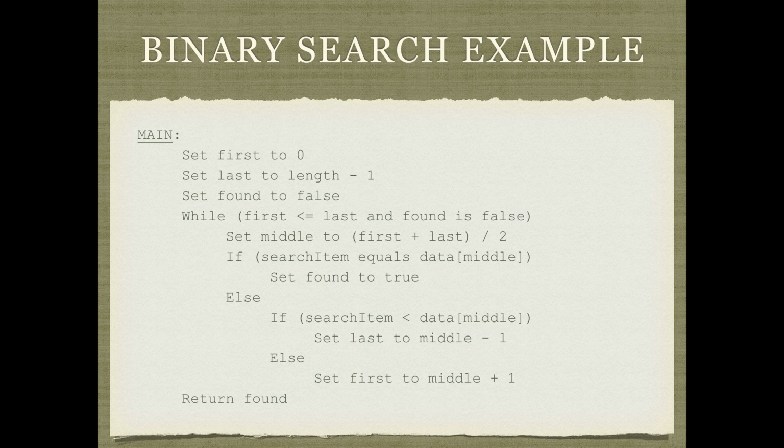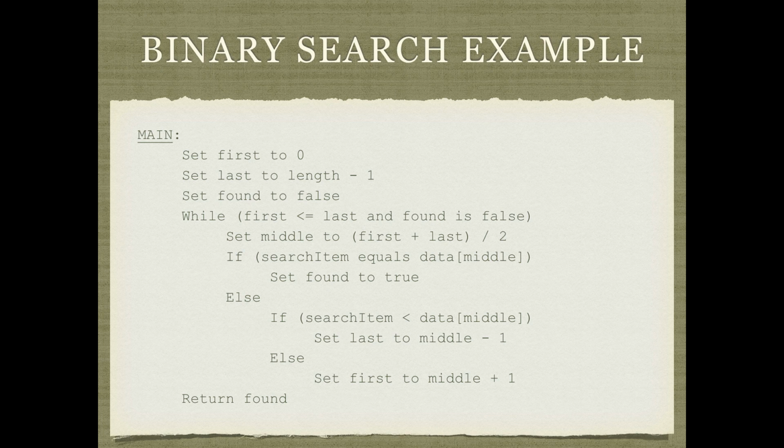Otherwise, we reset the values of first and last depending on which half of the array we want to focus on. We're not actually changing anything about the array here, we're just changing the bounds of what part of the array we're looking at. We're not actually removing elements from the array, we're just changing the index references that we're looking at.